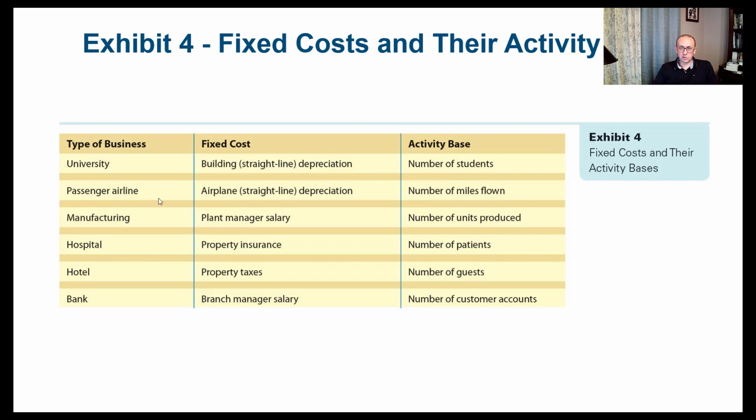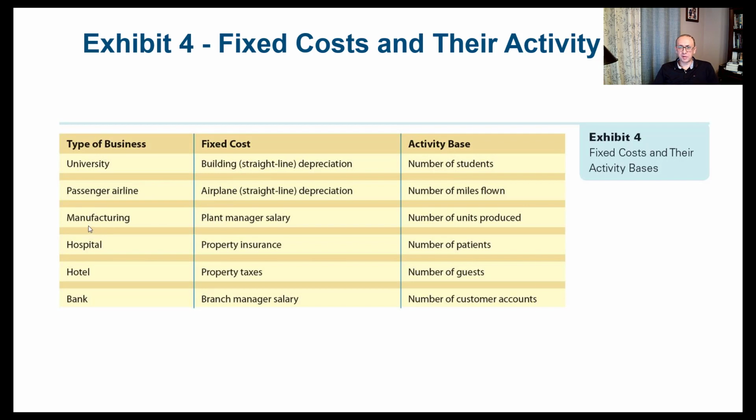For a passenger airline, airplane depreciation, again assuming straight line depreciation, whether they flew 1 mile or 100,000 miles, it doesn't make a difference. The depreciation is going to be fixed from year to year, again under the assumption that we're using straight line depreciation.